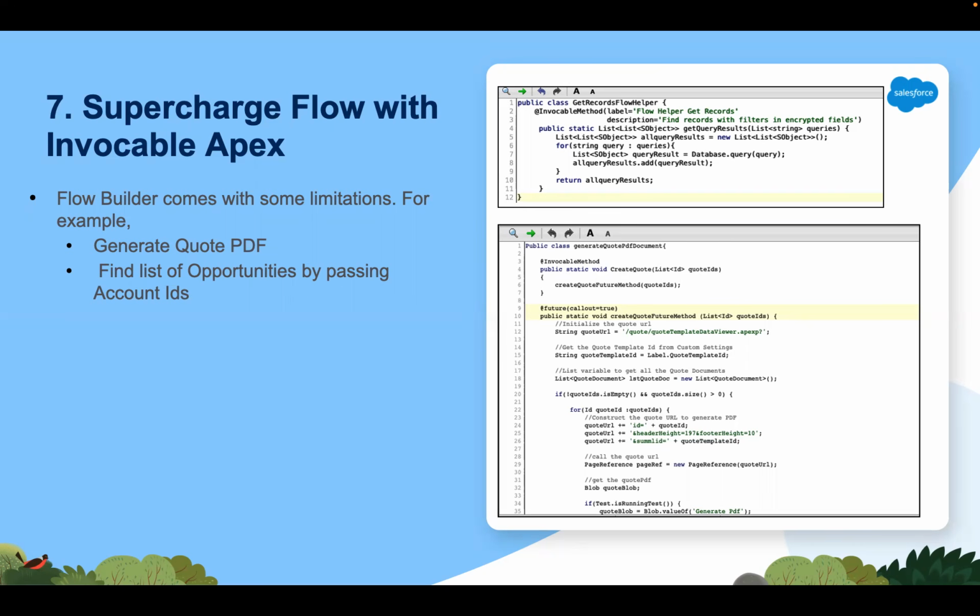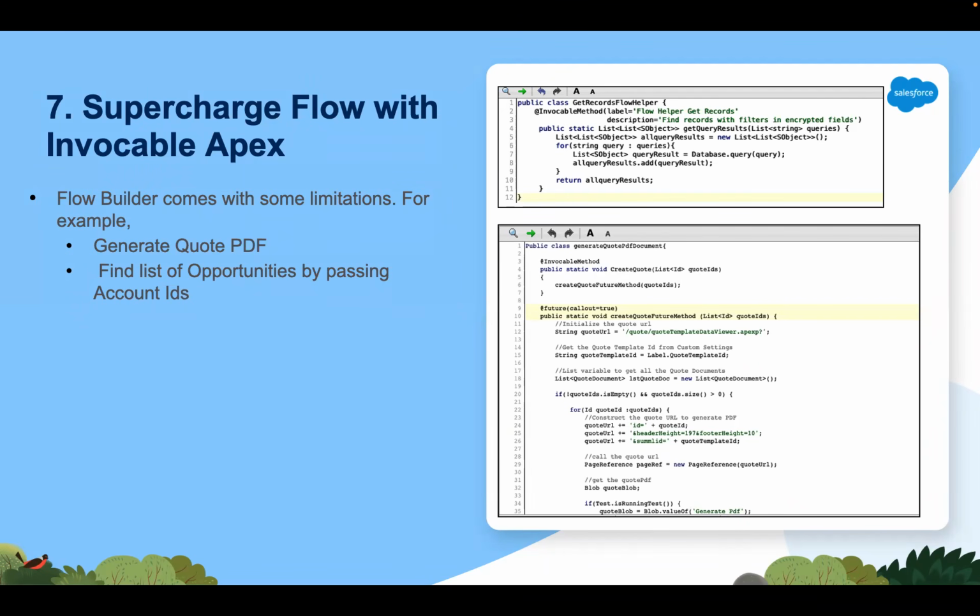Now, you cannot directly auto-generate a quote PDF using Salesforce Flow, because Flow does not have any tools or access for that. So here you require an Apex class. In the Apex class, you can call the Salesforce quote template and generate a quote PDF.